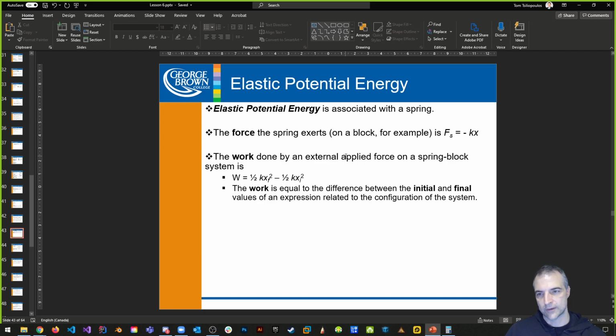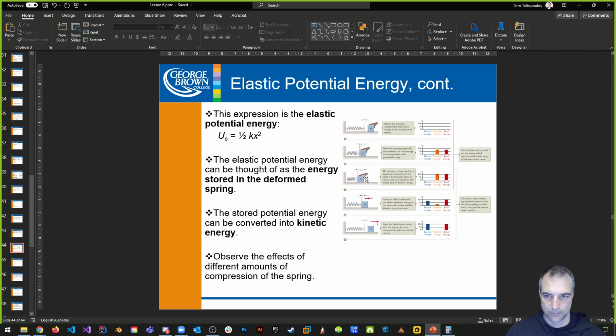But let's think about this. Elastic potential energy is associated with a spring, like we talked about before, where we use Hooke's law: the force of a spring is equal to negative kx. So the work done is 1/2 k x final squared minus 1/2 k x initial squared. That's the work done by the system.